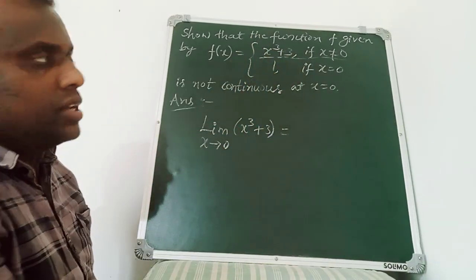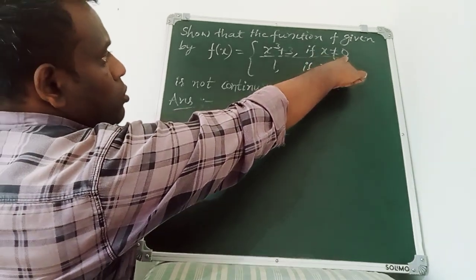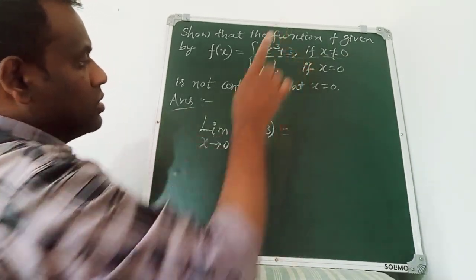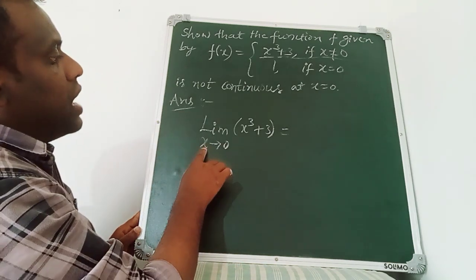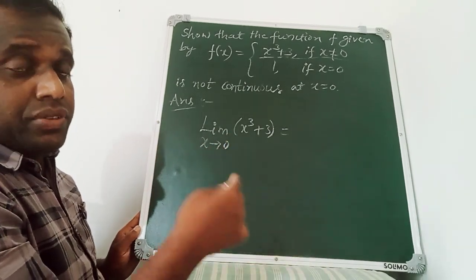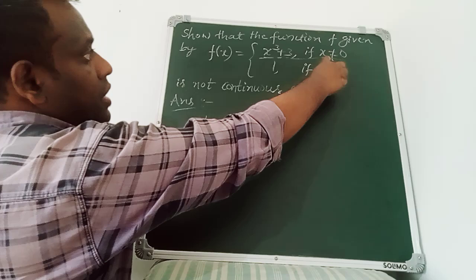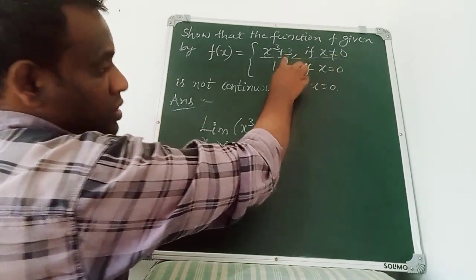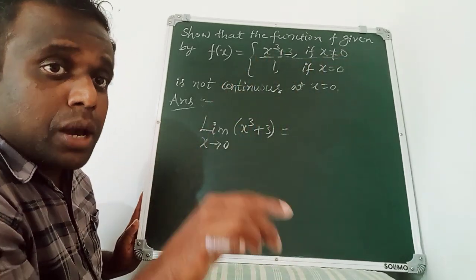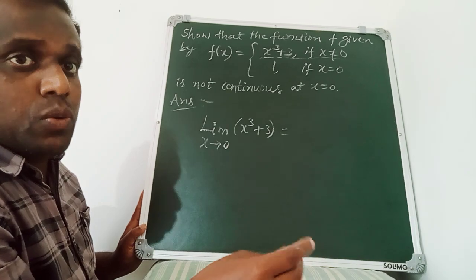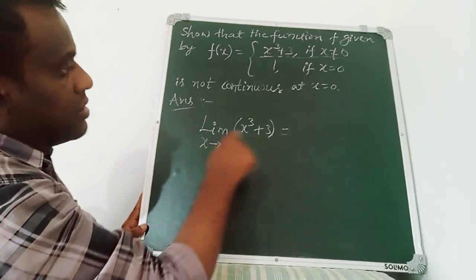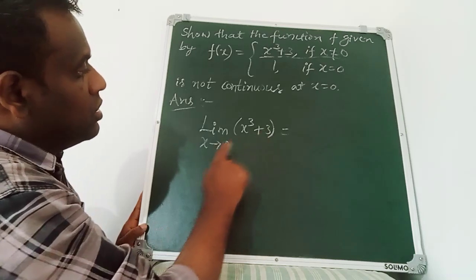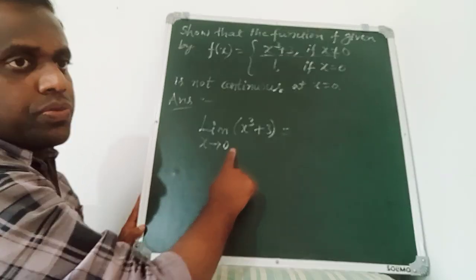They are telling us that when x is not equal to 0, we have this. What happens if x becomes 0? So we will take it like this, the limit of the function when x tends to 0.